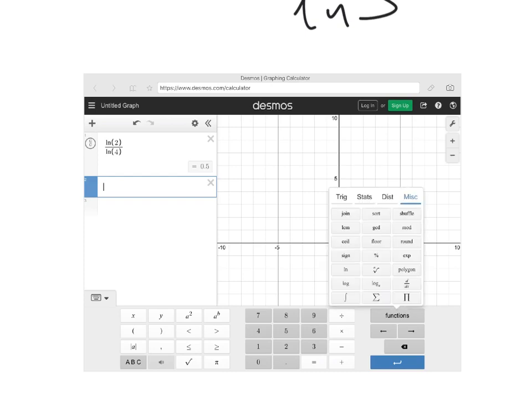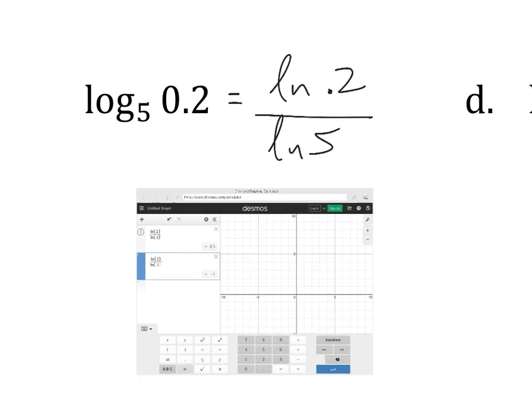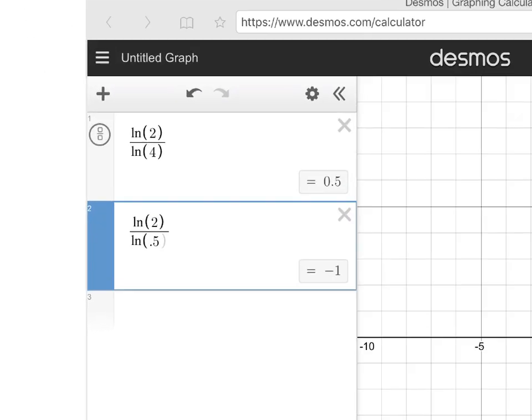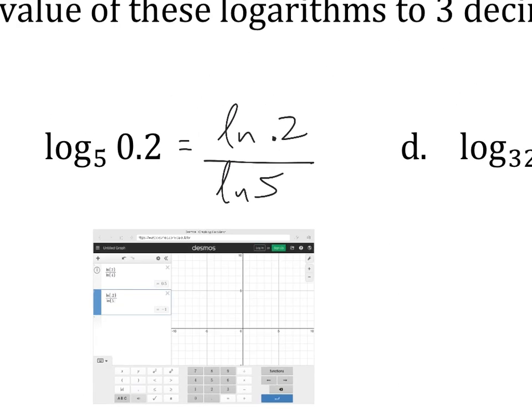Natural log of 0.2 divided by the natural log of 5, and that gives us a -1. Oops, did I do it wrong? I did it wrong. So we got 0.2 over 5, and we still get -1. All right, so this is -1.